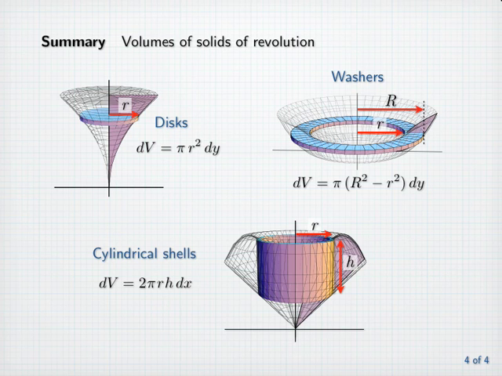Now, each of these pictures involves revolving about a vertical axis. Of course, if we revolve around a horizontal axis, we simply treat things in more or less the same way. Slices of the region perpendicular to the x-axis would result in disks or washers in integration with respect to x, while slicing the region horizontally and revolving those slices would give us cylindrical shells, and the integration would be done with respect to y.